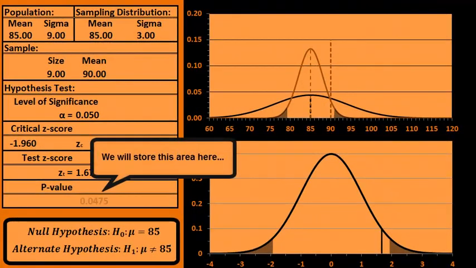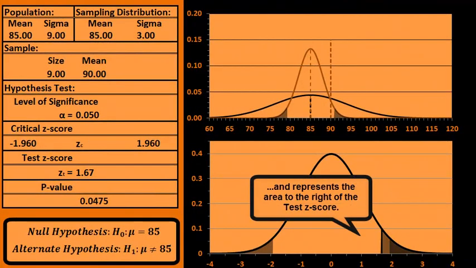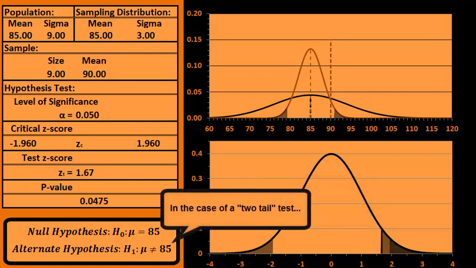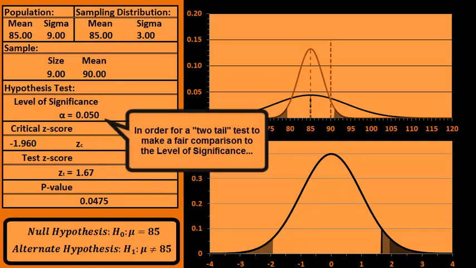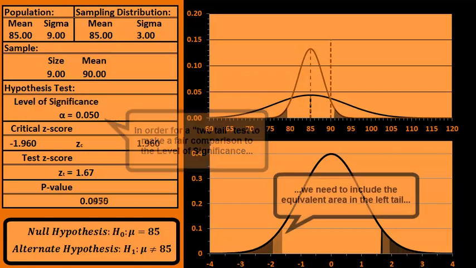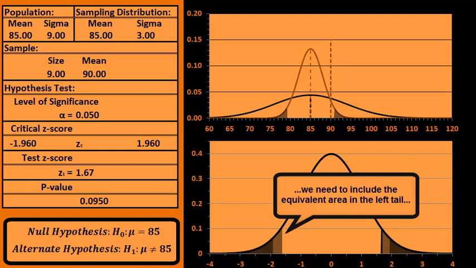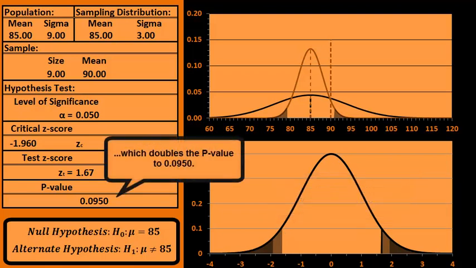We will store this area here, and it represents the area to the right of the test z-score. In the case of a two-tailed test, this value represents only the probability in the right tail. In order for a two-tailed test to make a fair comparison to the level of significance, we need to include the equivalent area in the left tail, which doubles the p-value to 0.0950.